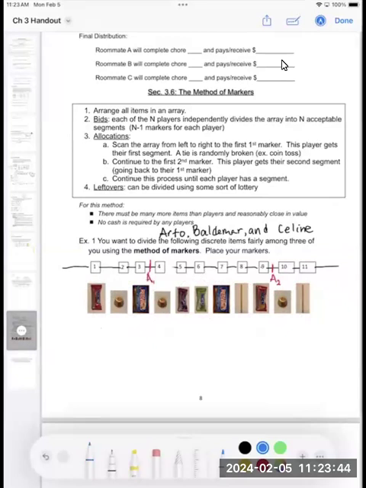So he may say, let's say his goal is that he wants to make sure to get, well, let's just say he likes Hi-Chews, and he doesn't care for chocolate, maybe.